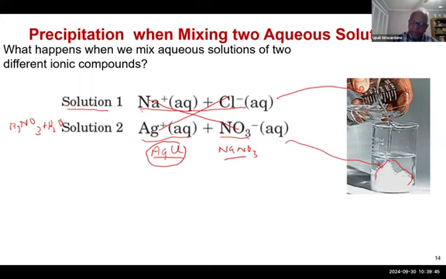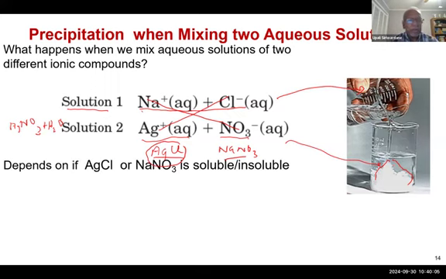We're going to look into solubility rules to predict which ionic compounds are soluble in water and which are not soluble in water. Two new combinations: silver chloride and sodium nitrate.